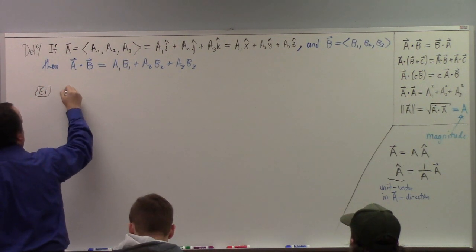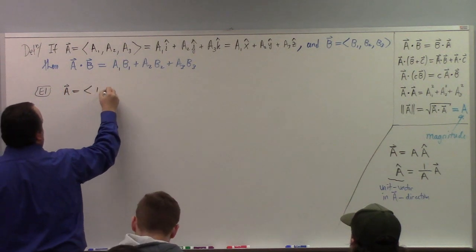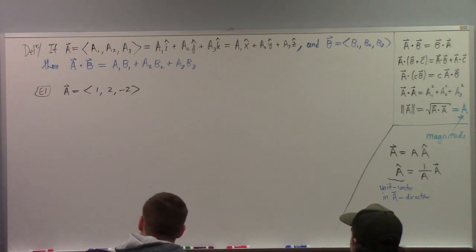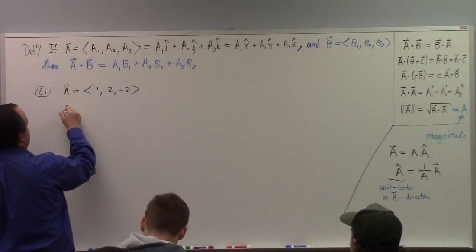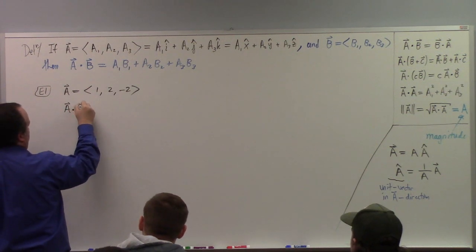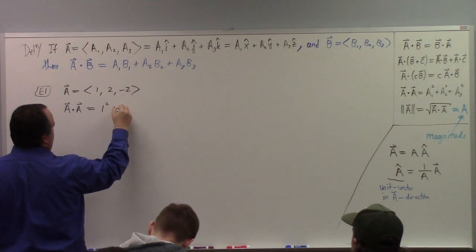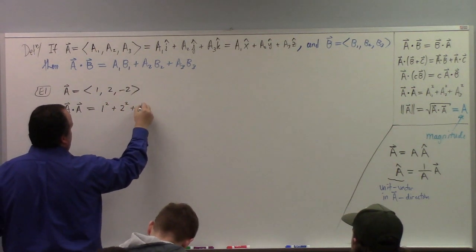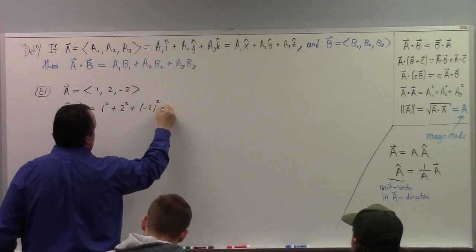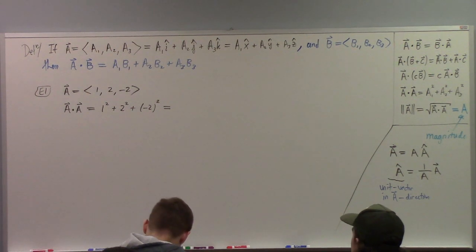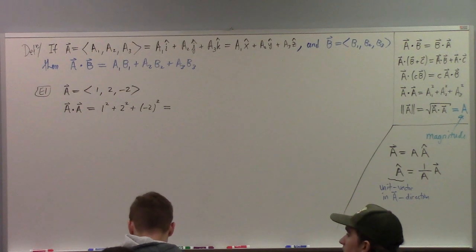Suppose I have vector a is (1, 2, -2). Let's calculate a dot a. What's a dot a here? One squared plus 2 squared plus (-2) squared, also known as 1 plus 4 plus 4, more commonly known as 9.